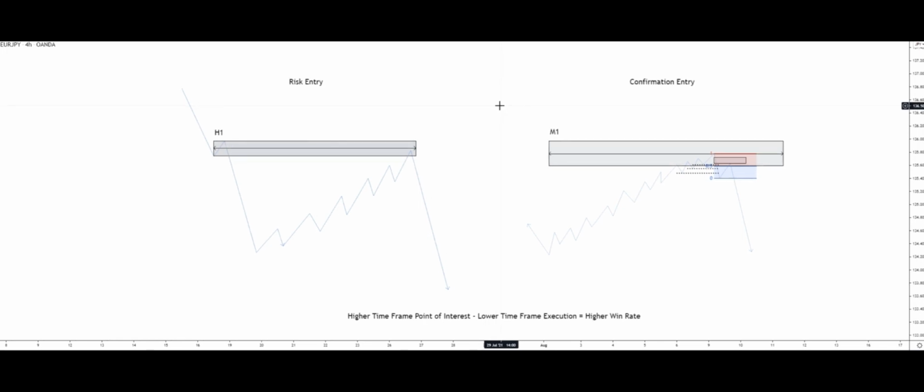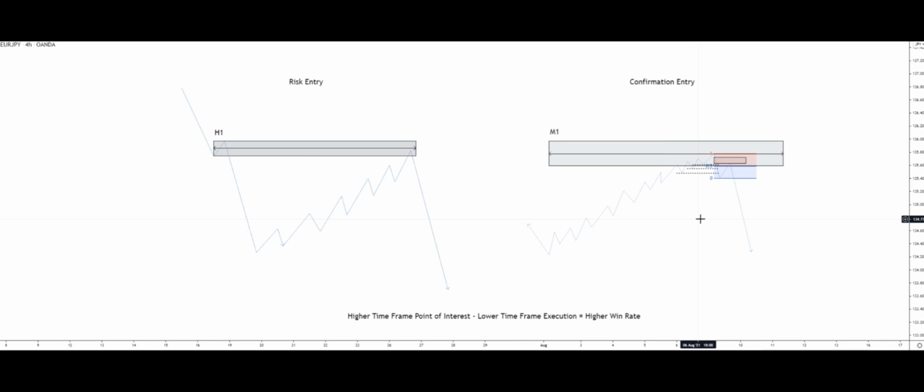So those are really the two differences in terms of this. Because what we would do is, when price reaches our point of interest, we'd jump down to the 1 minute time frame, look for a break of structure, factor in everything, and then look to take a trade. So I'll jump onto a different video and explain a trade recap.